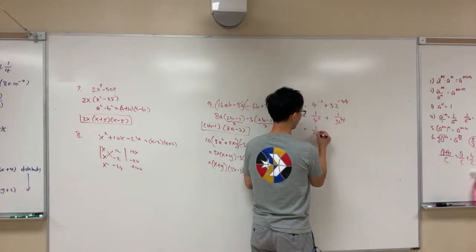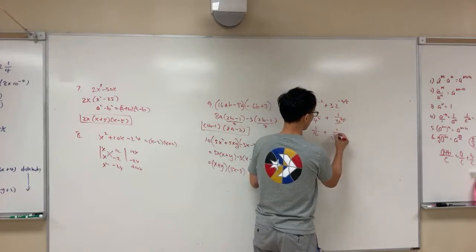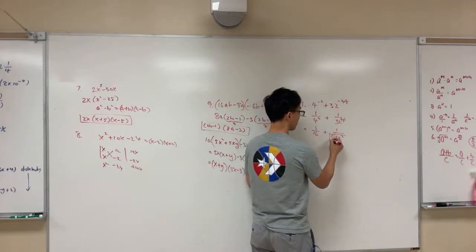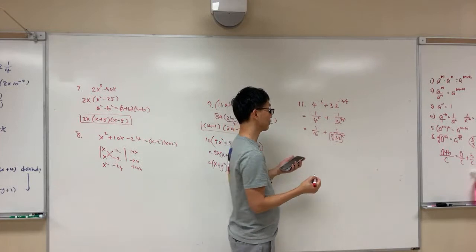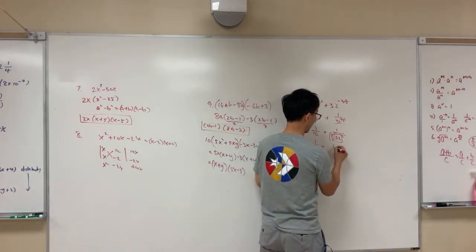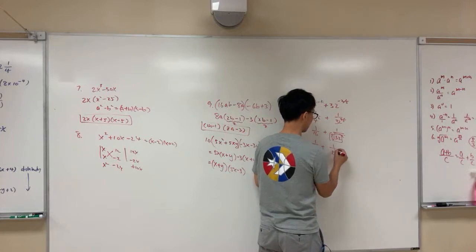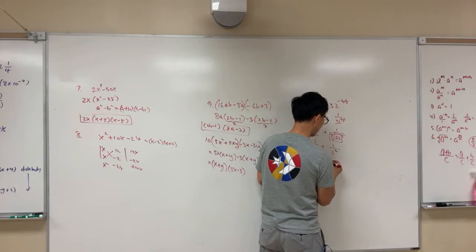That's equal to 1 over 16 plus, well, that means the 5th root of 32, squared. The 5th root of 32 just means what number to the 5th is 32. In this case, it's 2 squared.